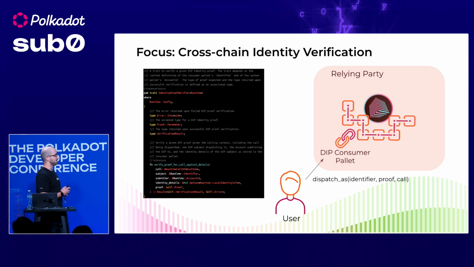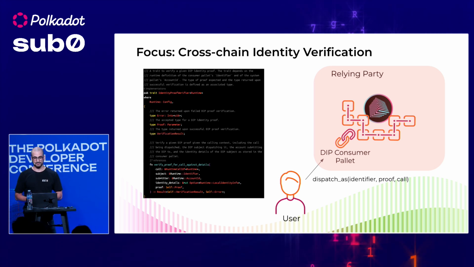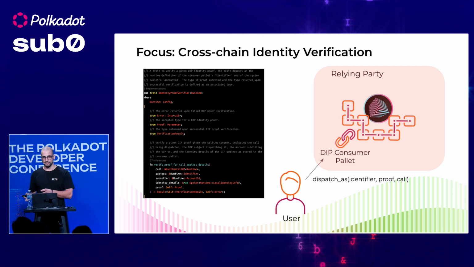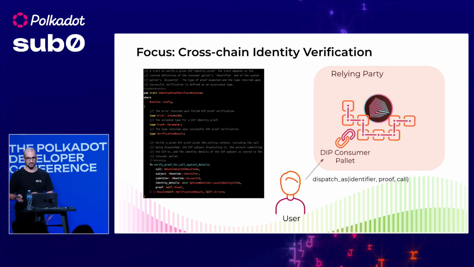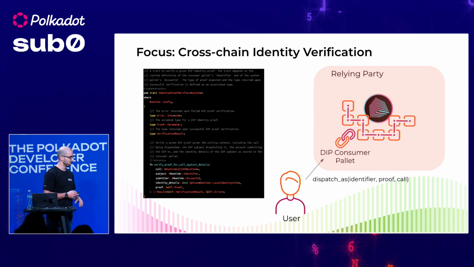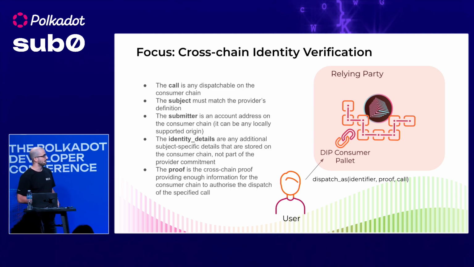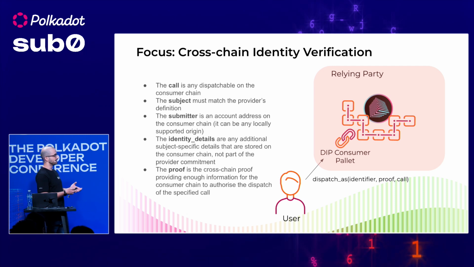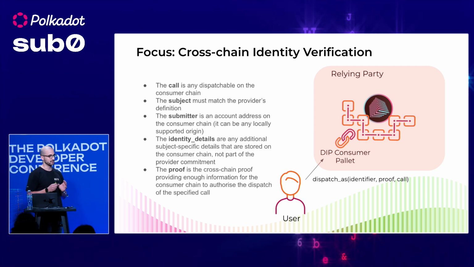This is the identity proof verifier trait, which defines the verification logic, what a proof looks like, and what information is made available to the nested call if the proof verifies. And there's a bunch of other inputs to the function. So the call, which is the dispatchable on the consumer chain. So we're talking about the consumer chain here, not the provider anymore.